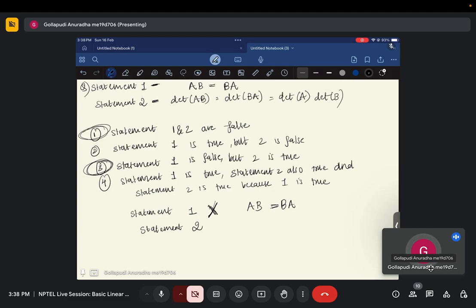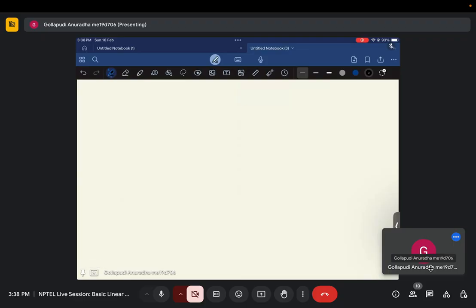So we will see about determinant of AB. We saw that if I have a matrix A, then I can do some elementary operations like E1, E2, up to Ek, and get it into the reduced row echelon form.